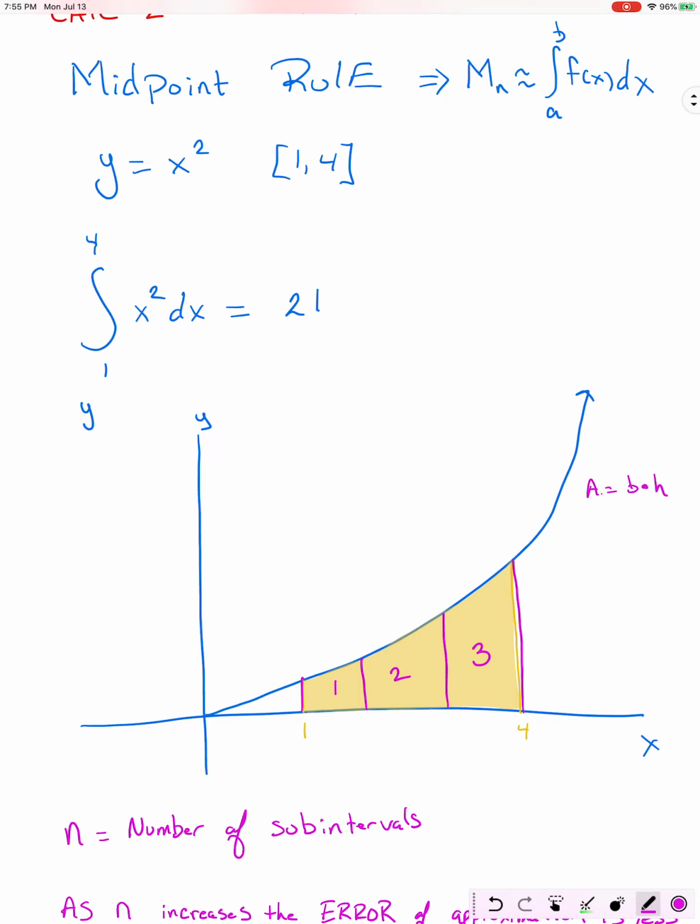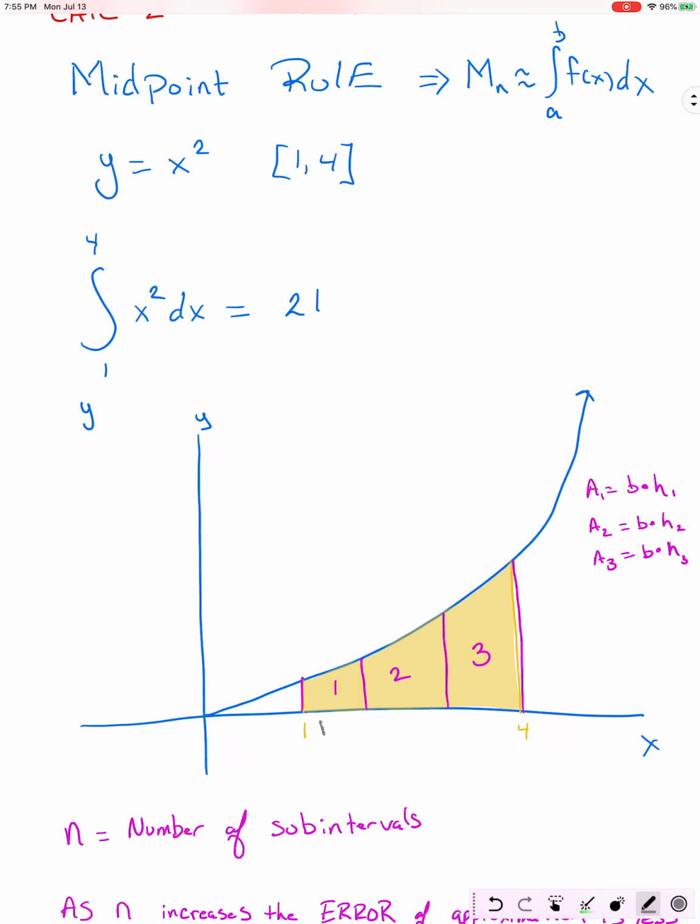We're going to do that for 3 rectangles, and add all 3 of those together, and that's going to give us an approximation for the area underneath the curve.